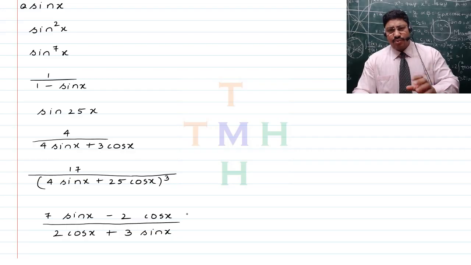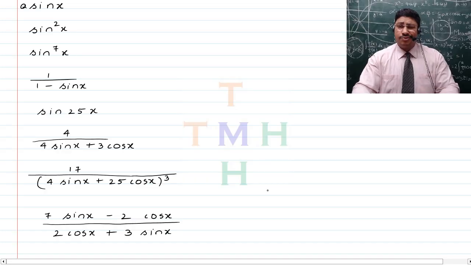There is another way by means of which we can do it. We can write the numerator to be equal to some small m times the denominator plus small n times the derivative of the denominator.